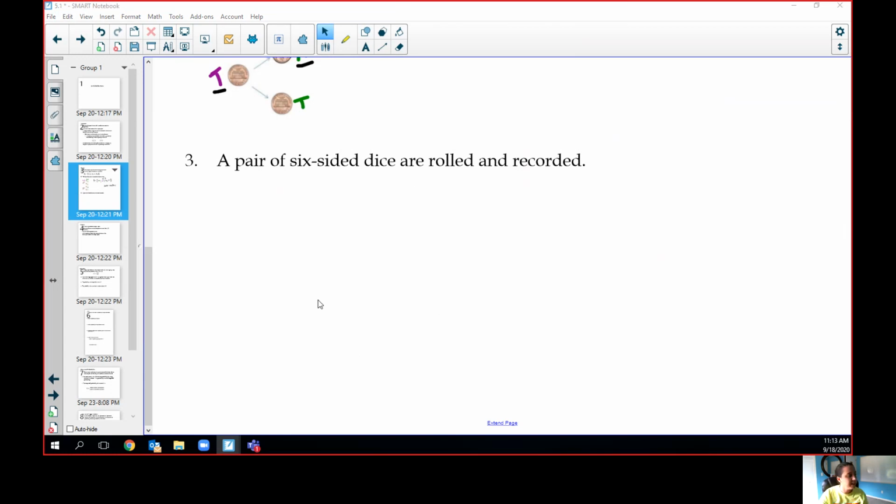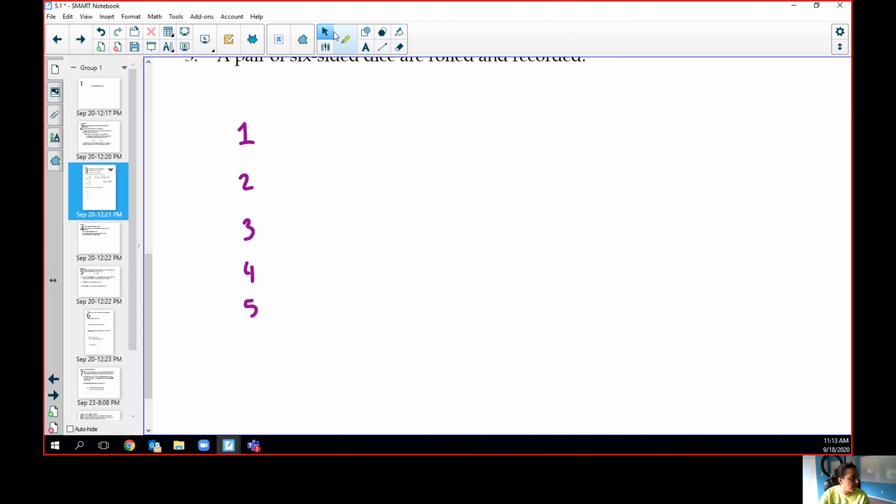Well, I know when I have a six-sided die, for my first die, I have the numbers 1, 2, 3, 4, 5, and 6 for my possibilities of that die. So that's my first die roll. I know my second die, I could also get 1, 2, 3, 4, 5, or 6.